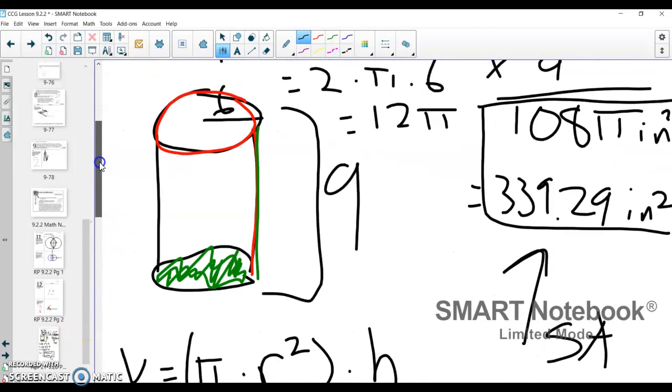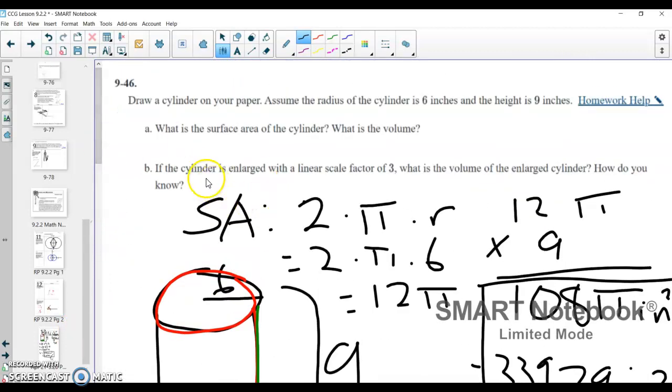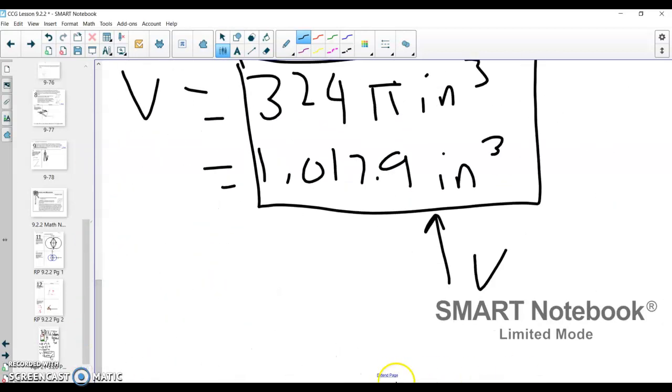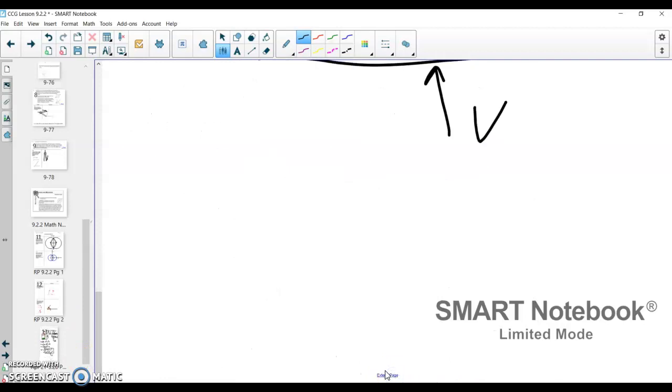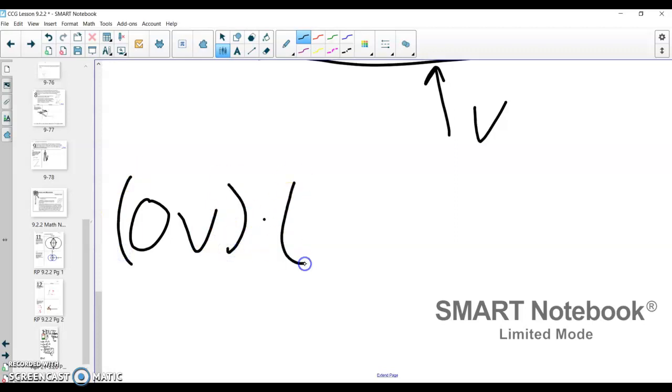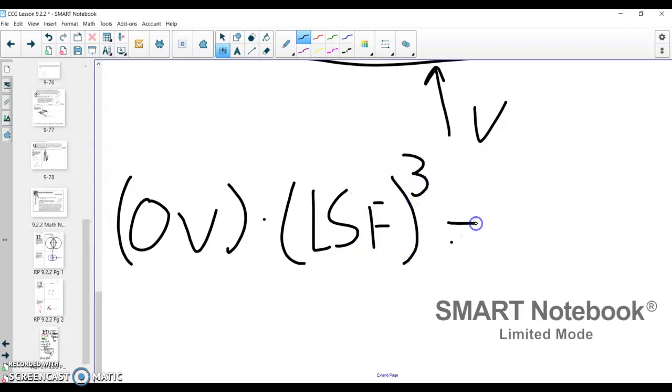Okay, the last part is saying, well, if the cylinder was enlarged by a linear scale factor of 3, what is the new volume of the big one after the enlargement? And the way we do this, and this was in lesson 914, we take the old volume, we multiply it by the linear scale factor cubed, and that gives me my new volume.